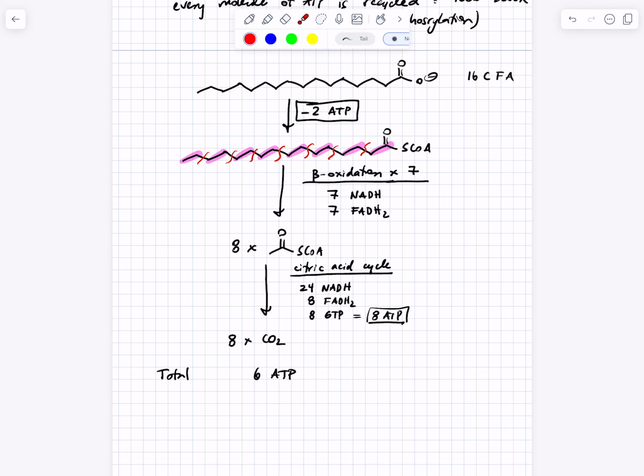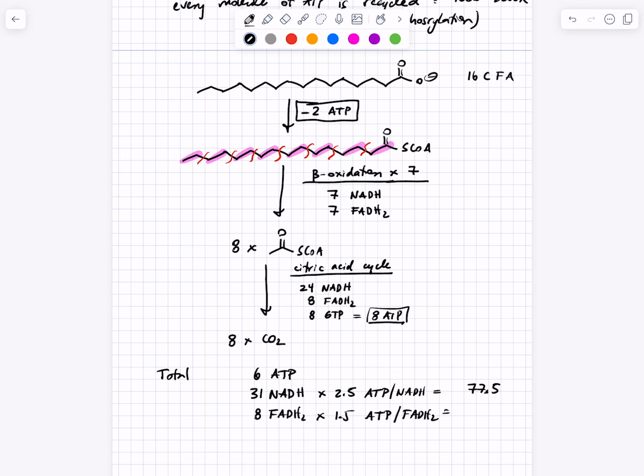Then overall, I'm counting 31 NADHs. So somebody want to see how many ATPs you get from 31 NADHs? Because I don't want to do that math. And somebody else see how many ATPs you get from 8 FADH2s.